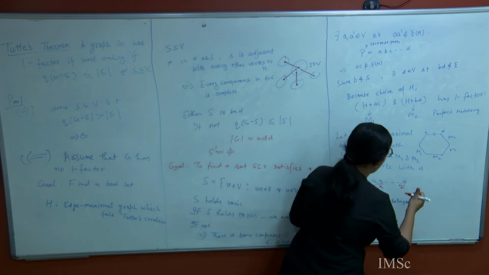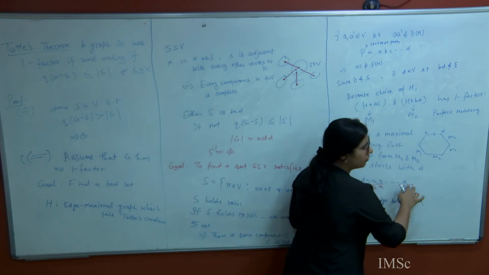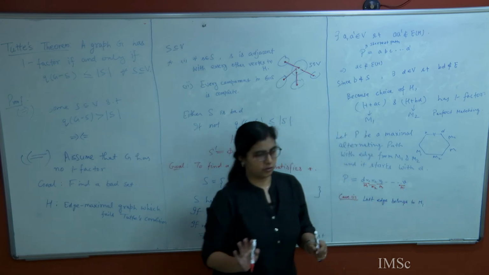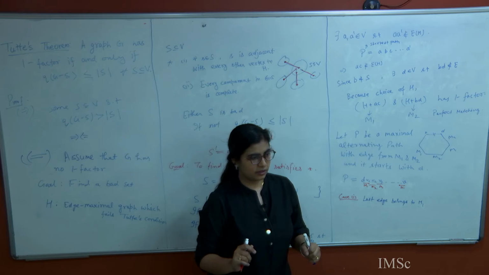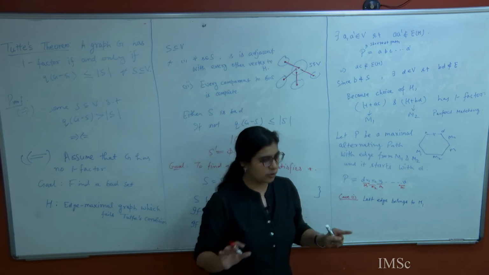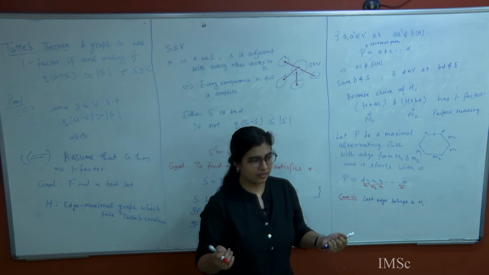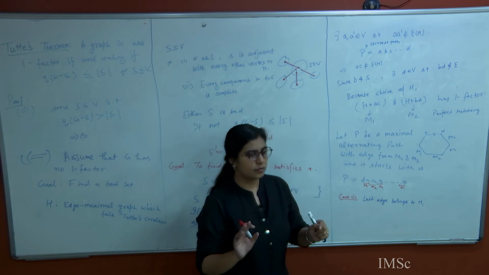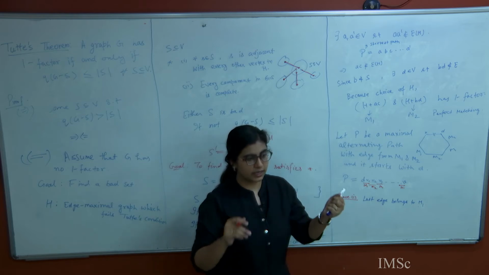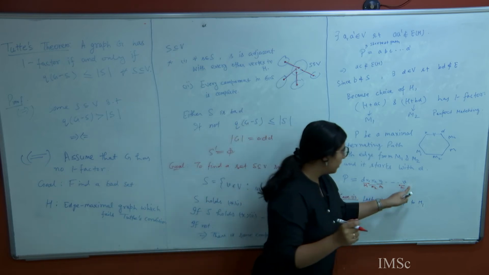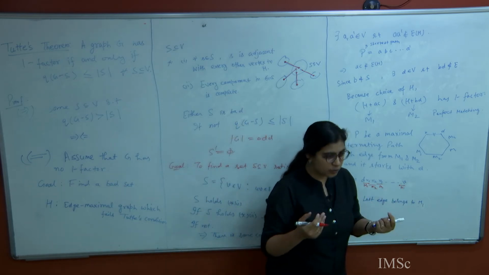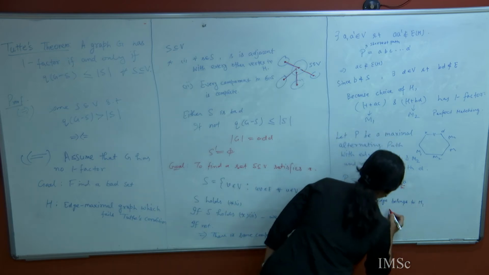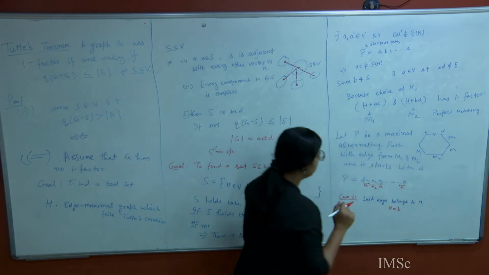So, there is no edge from M2 incident on V. So, that means V is not M2 saturated. What does it mean? B, right, because M2 saturates everybody except D and B. So, if the last vertex is not M2 saturated, then it must be B, because D is already there. So, in this case V is B.